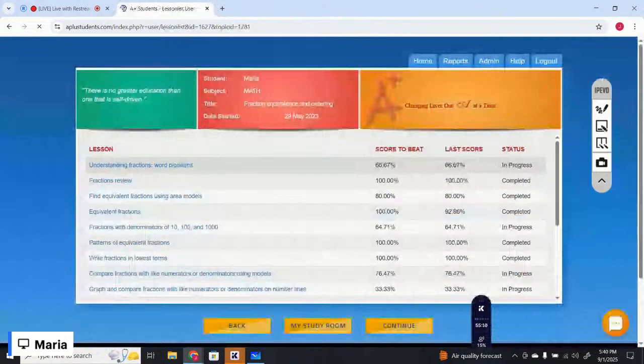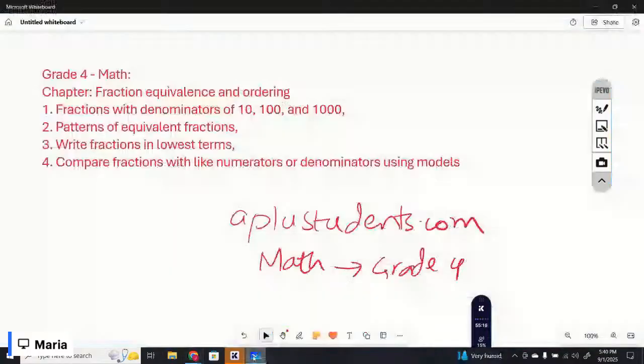So we were working on grade 4 math. The chapter we were working on is fraction equivalence and ordering. The lessons we have covered today are fractions with denominators of 10, 100 and 1000, patterns of equivalent fractions, write fractions in lowest terms, and compare fractions with like numerators or denominators using models.